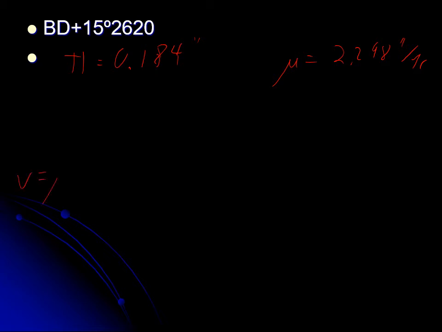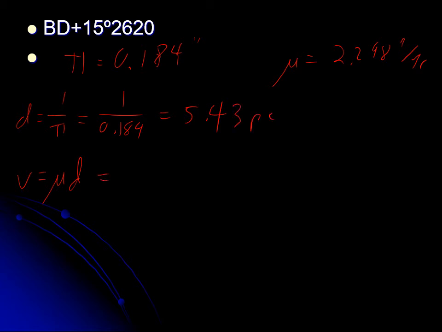So the velocity is mu times d. Well, d has to be in parsecs. Well, that's easy. That's 1 over parallax. So that's 1 divided by 0.184. Okay, so 1 divided by 0.184 is going to give you the answer in parsecs. And that turns out to be 5.43 parsecs.